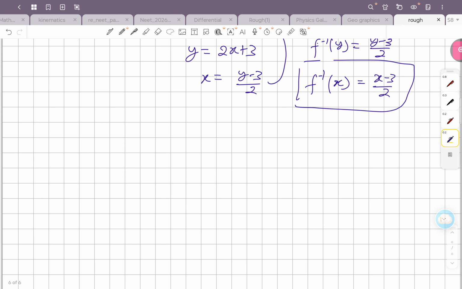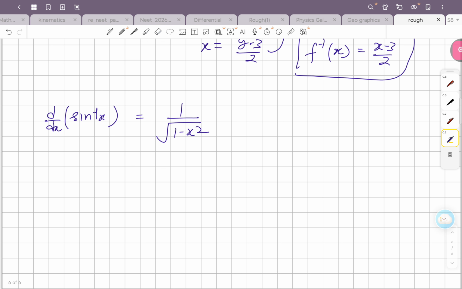Now here are the inverse trigonometric functions. If I differentiate sine inverse x, it becomes 1 by root of 1 minus x square. If I differentiate cos inverse x, d by dx of cos inverse x is minus 1 by root of 1 minus x square.